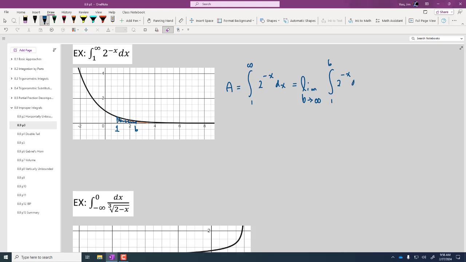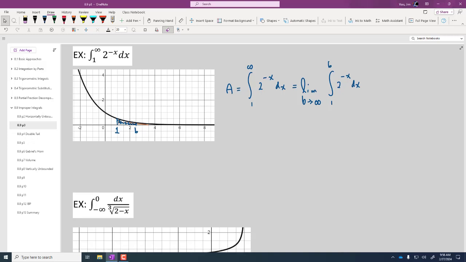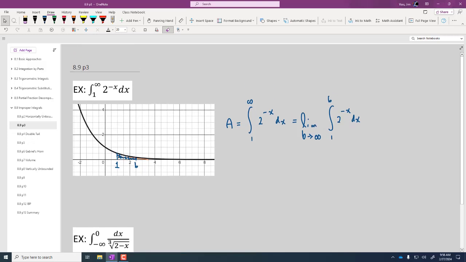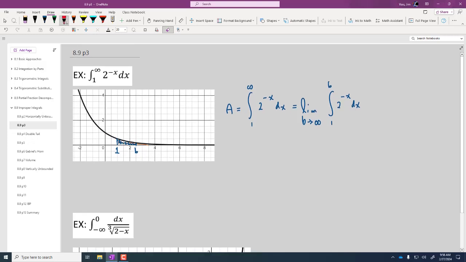So now we have a definite integral right there, and this definite integral is finding the area from 1 to b. So this is our area function. If you plug in b equals 2, you're finding the area between 1 and 2 on the x-axis. If you plug in b equals 10, area from 1 to 10, etc.